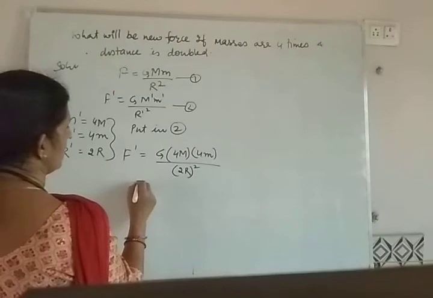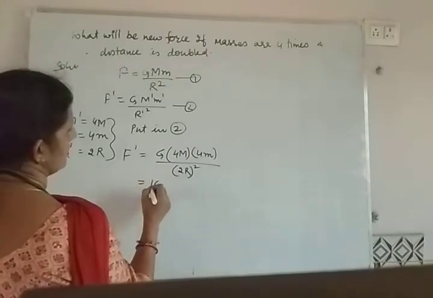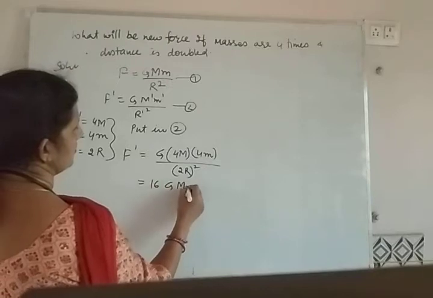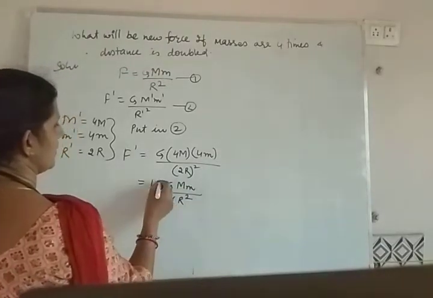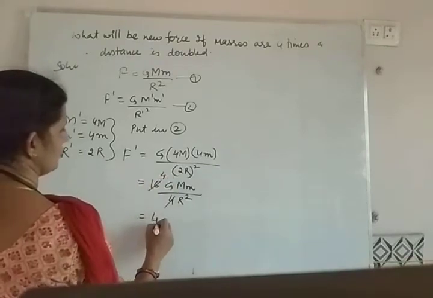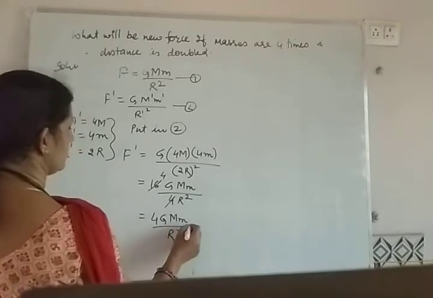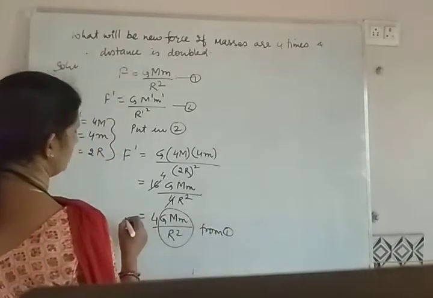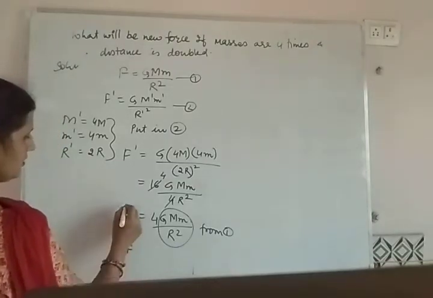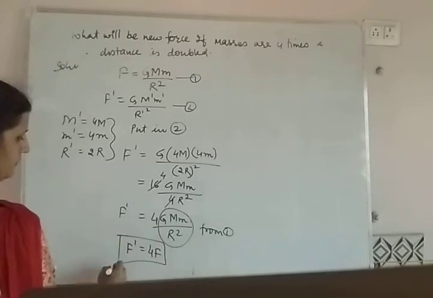Take the numerical values, 16 G M m by 4R square. This will cancel out 4. This is 4 G M m by R square, from equation 1 this is the value of the original force. So you will write F dash is equal to 4F.